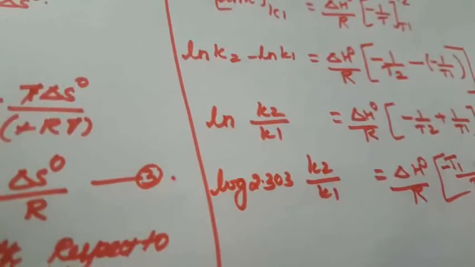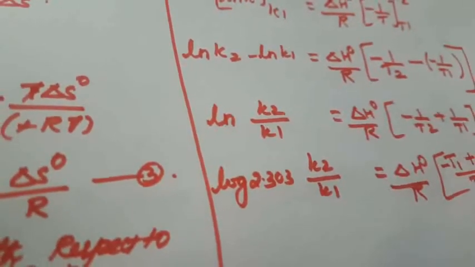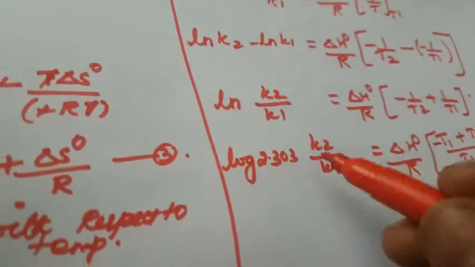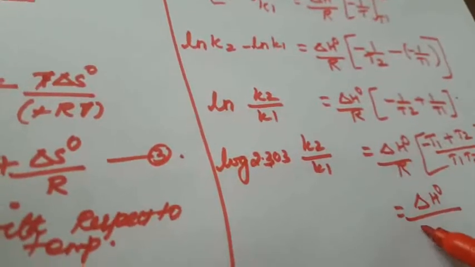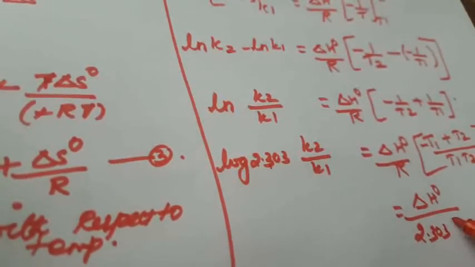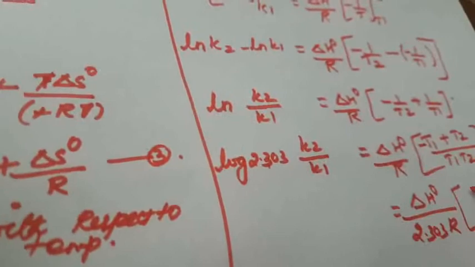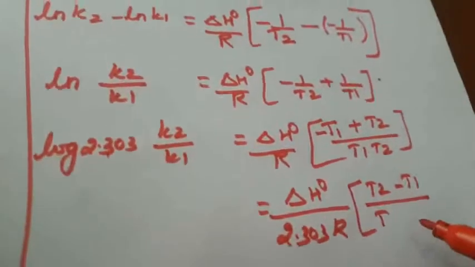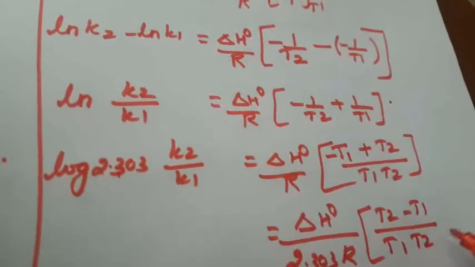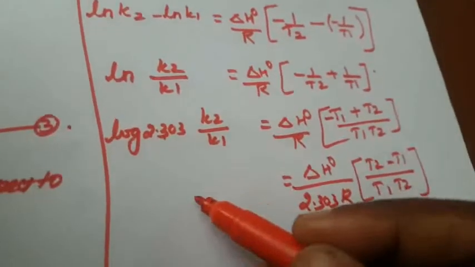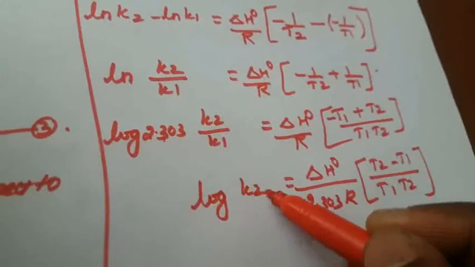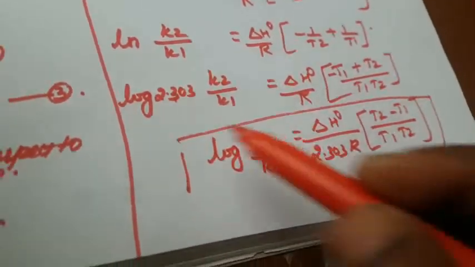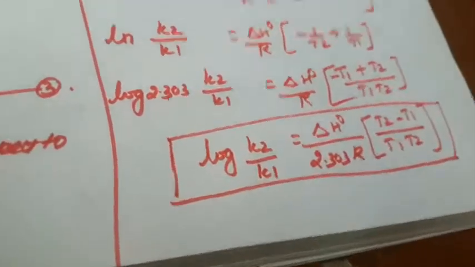So the equation becomes log of K2 by K1 equals delta H0 by 2.303 R times T2 minus T1 divided by T1 into T2. What is this equation? This is the Van 't Hoff equation.